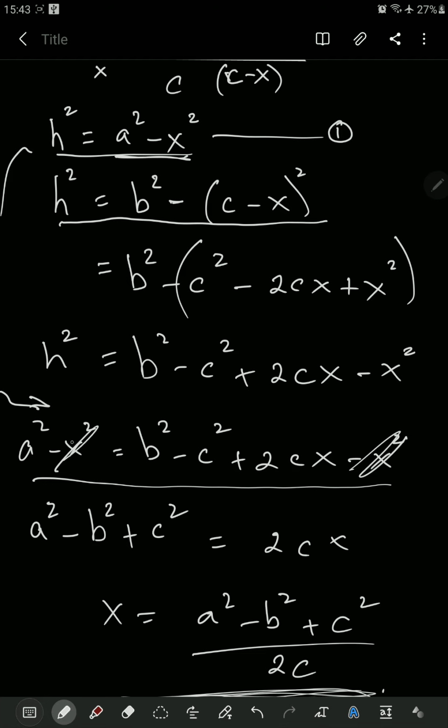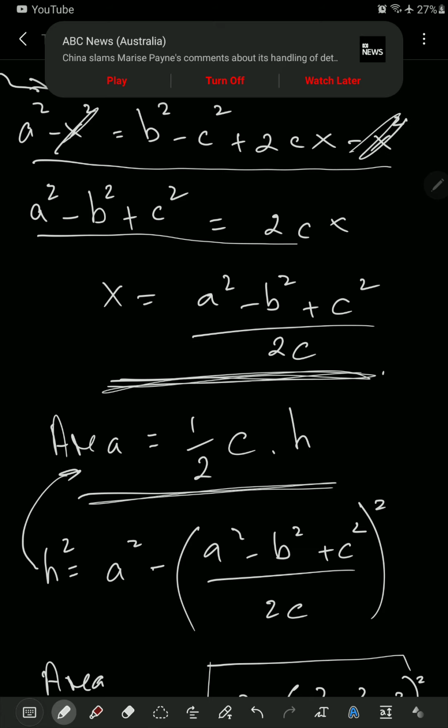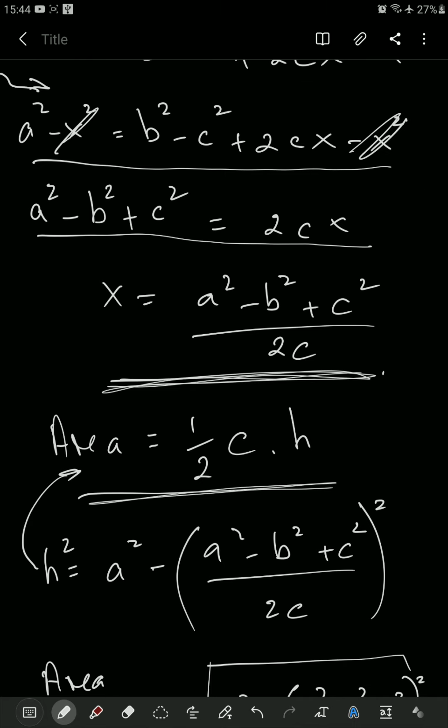And of course the x squareds cancel out on both sides, leaving us with a squared minus b squared plus c squared equals 2cx. Okay, so from this we can then just say x equals (a squared minus b squared plus c squared) divided by 2c. We recall that the general area of a triangle is 1/2 times the base times the height. Our base in this case is c, and we have our perpendicular height.